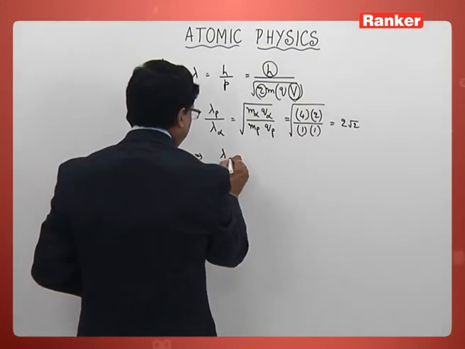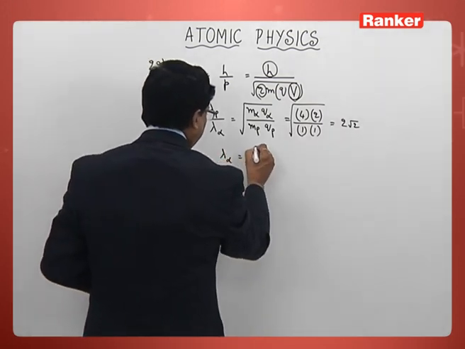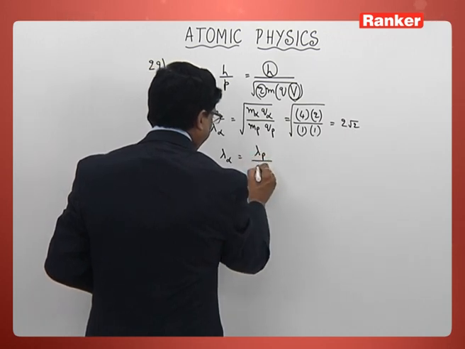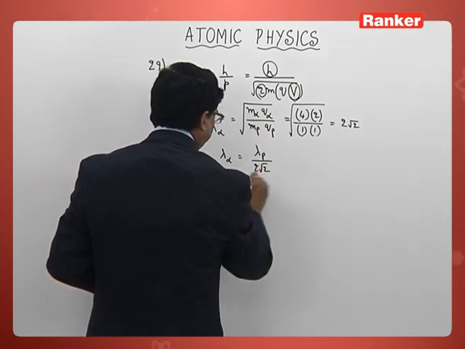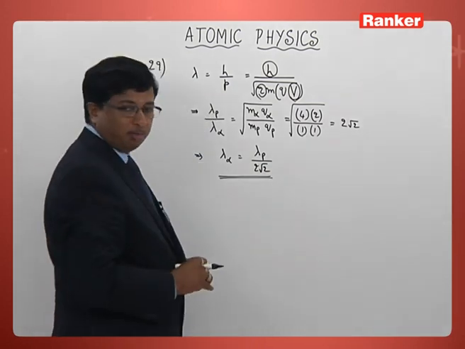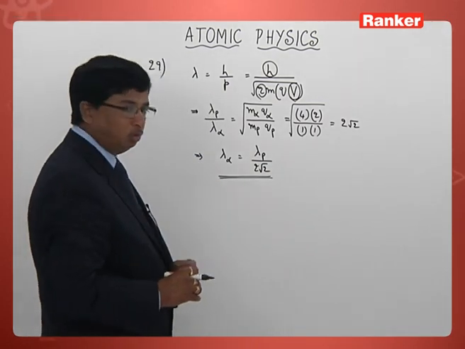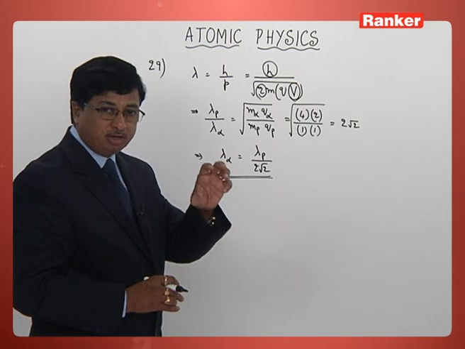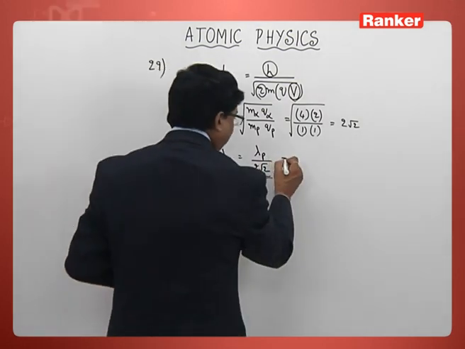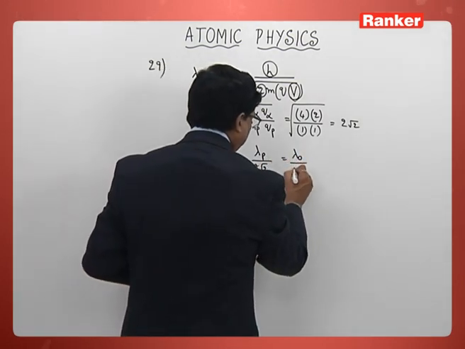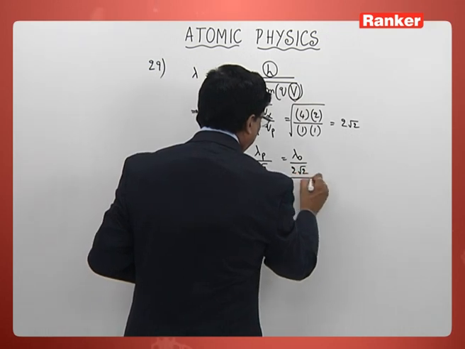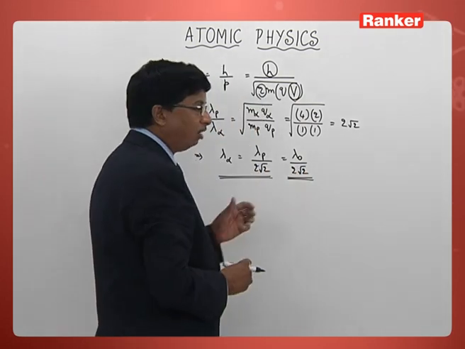Therefore λ alpha now becomes λ of proton by 2√2. This actually is the relation. What is λ of proton given in the problem? It is given as λ0. Therefore λ0/(2√2) must now be our answer.